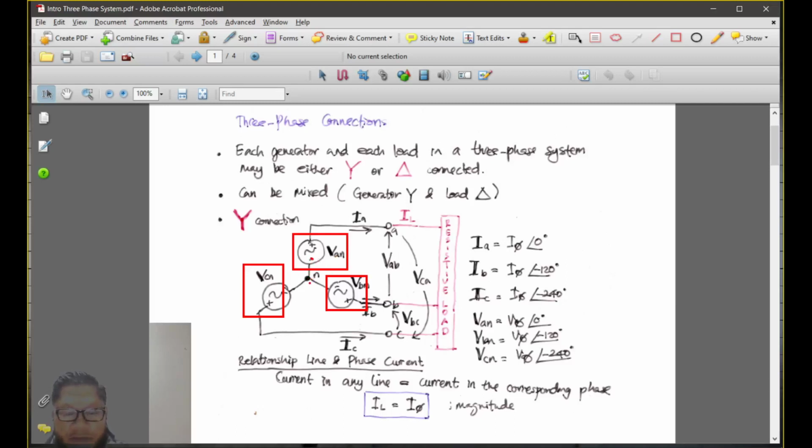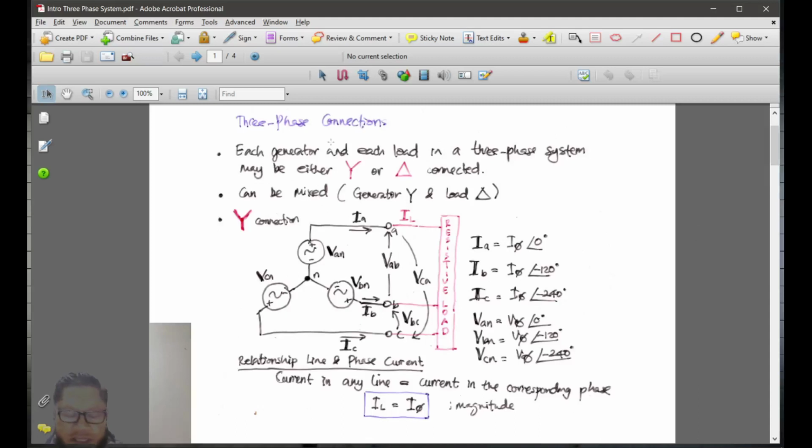There will be a common point where all these negative terminals are common, and the terminals for voltage AN, BN, and CN will be connected to the load of your induction machines. That's what we're going to do next.